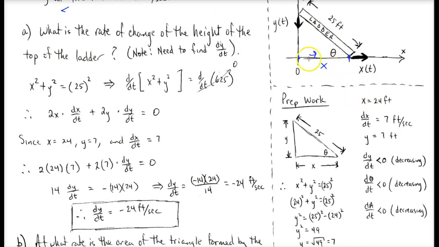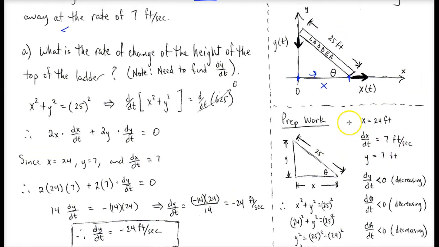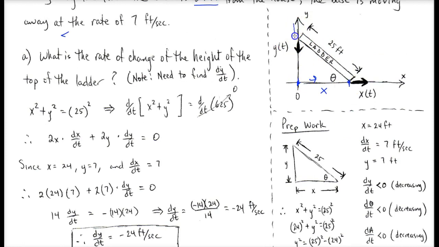The change in this distance, meaning the change of the base of the ladder from the wall, is 7 feet per second. We also know at that snapshot in time that y, this vertical distance here of the ladder, is going to be 7 feet.